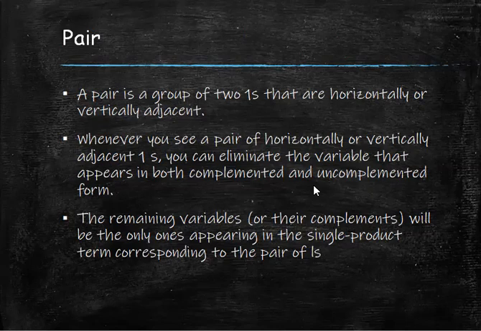The remaining B, C, D, it may be B bar, or a different combination, B, C, D or B bar, C, D, only those quantities must be in the product term.